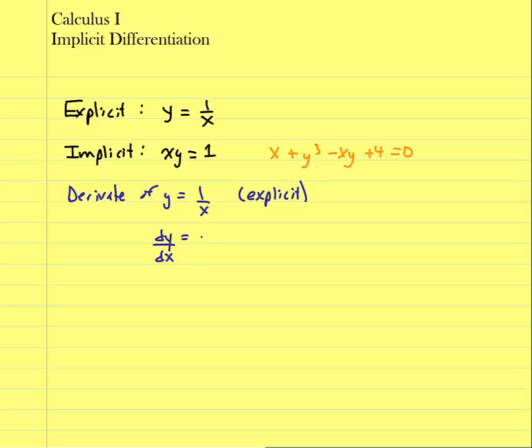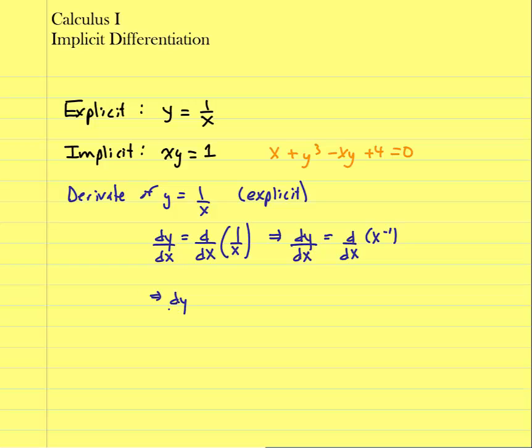Now over here on the right hand side, I want to take the derivative with respect to x of 1 over x. Now as we're simplifying here, the left hand side is dy dx, the right hand side is d dx of 1 over x, which I can rewrite as x to the negative 1. What that means is I flipped the denominator up into the numerator, so I had to negate the exponent.